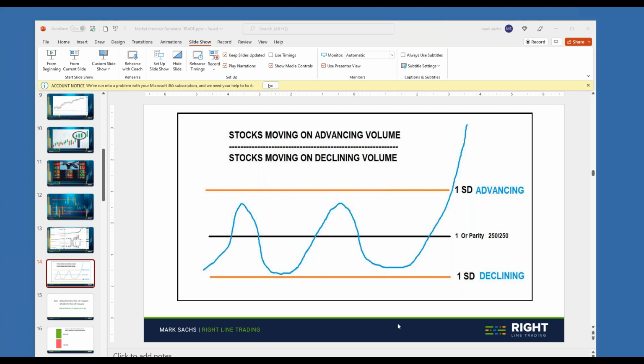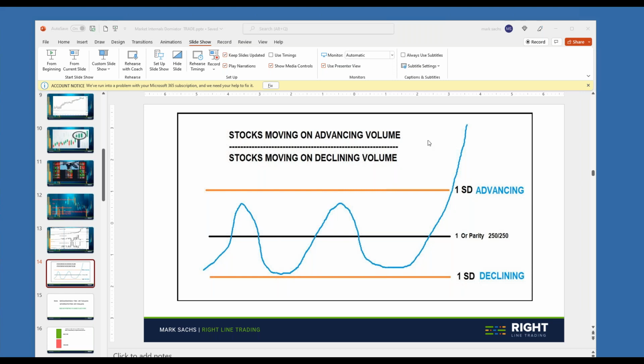Now, if we look here at stocks moving on advancing volume over stocks moving on declining volume, it could be on the S&P 500, the NASDAQ, the Dow, the Russell, the New York Stock Exchange. It doesn't matter. You've got a basket of stocks that's defined by the market you're looking at, and you want to look at the ratio of stocks moving on up volume versus stocks moving on down volume.